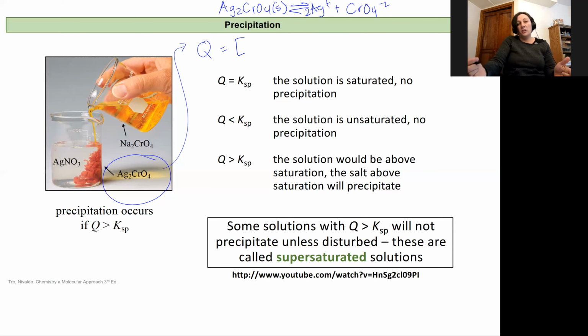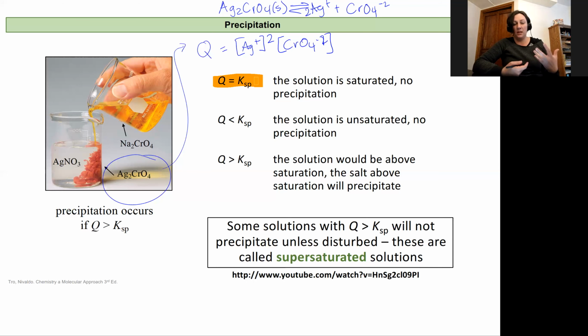So our Q value would be our silver ion concentration squared times our chromate ion concentration, the same way we'd calculate the solubility product. Now, when we calculate that value, if it is equal to our solubility product, or KSP, that we would look up in a published table, then we know the solution is saturated. There is no solid forming.